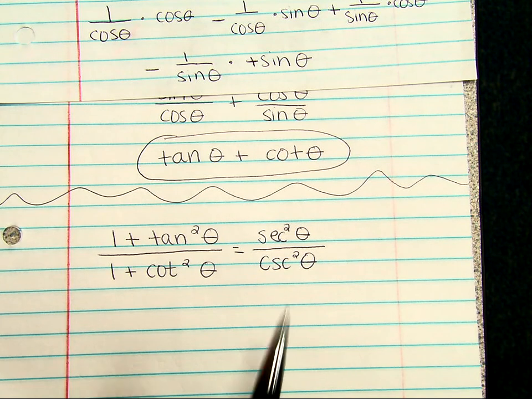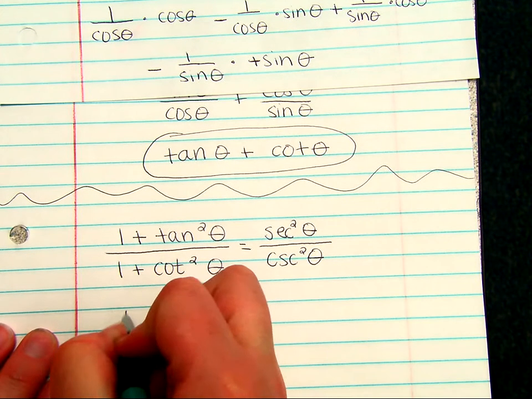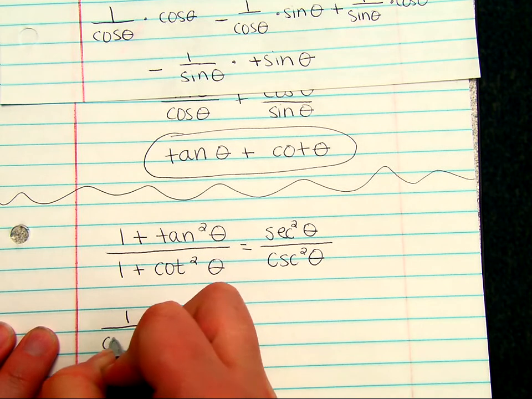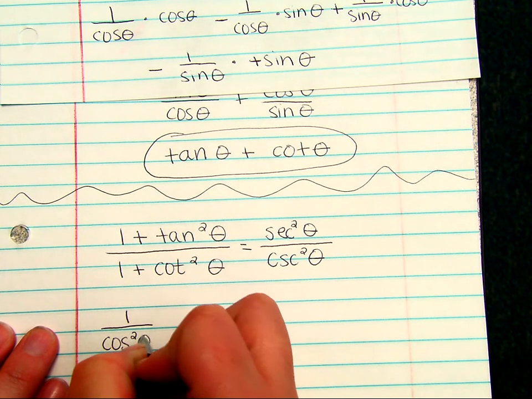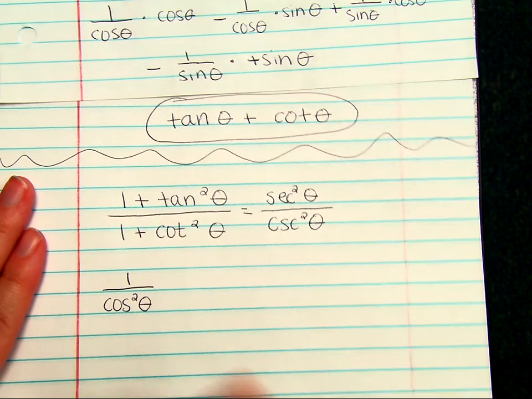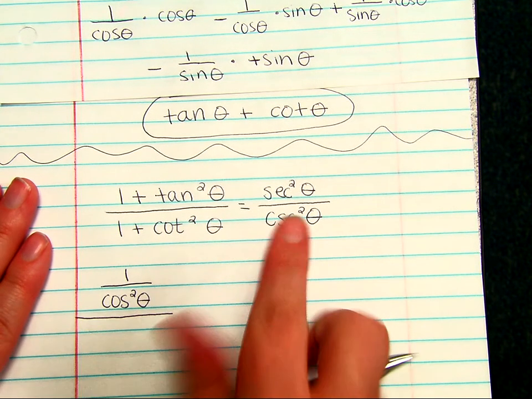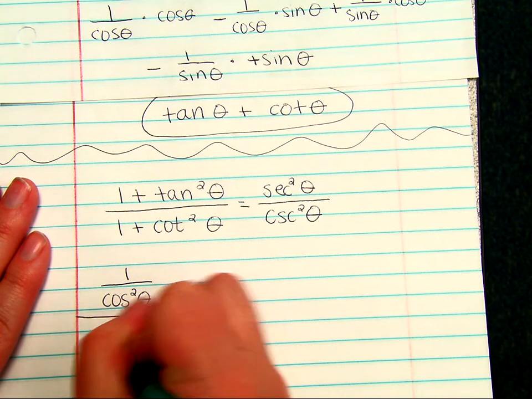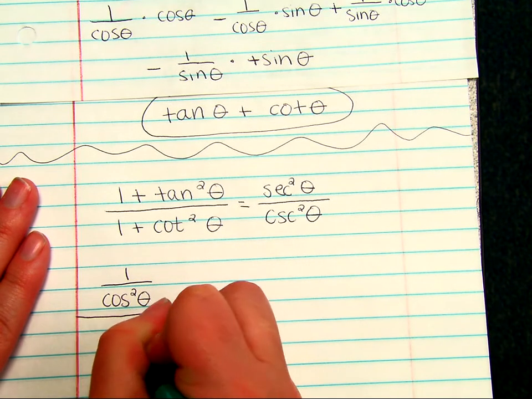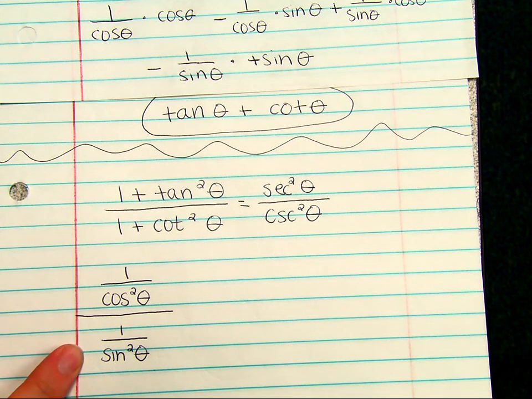So secant squared is the same as 1 over cosine squared theta. And cosecant, so I'm still dividing, because all I'm doing is replacing cosecant with its equivalent, which would be 1 over sine squared theta. Now I'm dividing two fractions here, so dividing two fractions is the same thing as multiplying by the reciprocal.